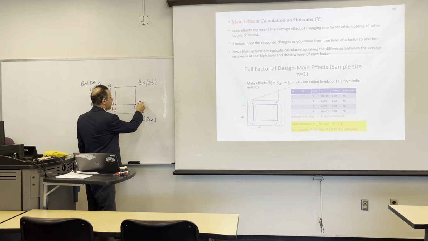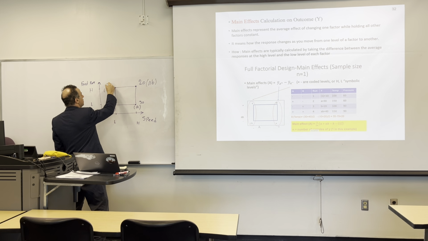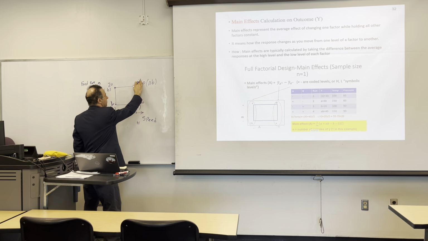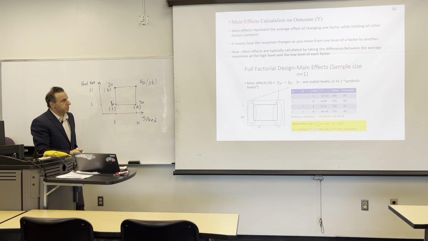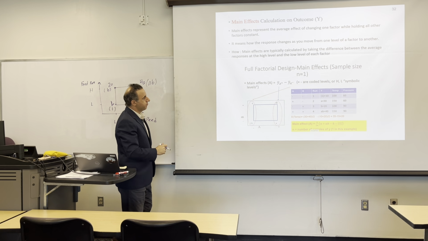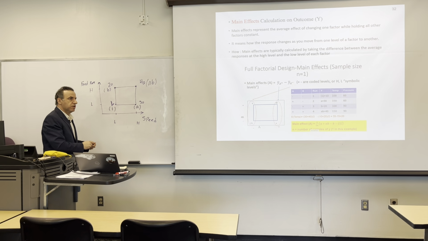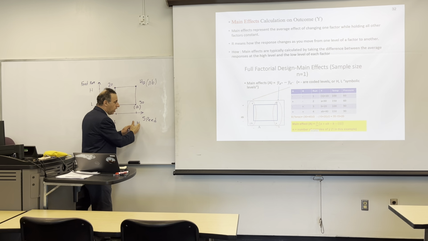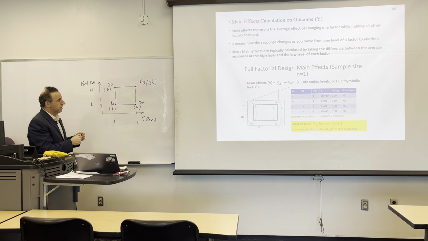Design point A is 30. Design point B is 20. And design point AB is 40. We want to see the main effect of the speed. So when we go from low level to high level, how much increase will we have in the response?